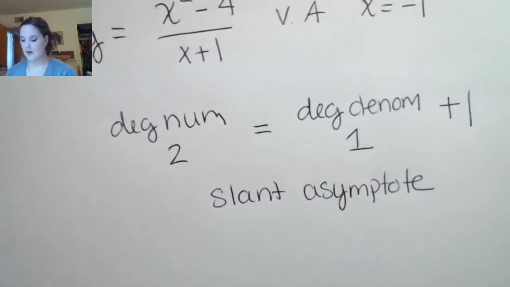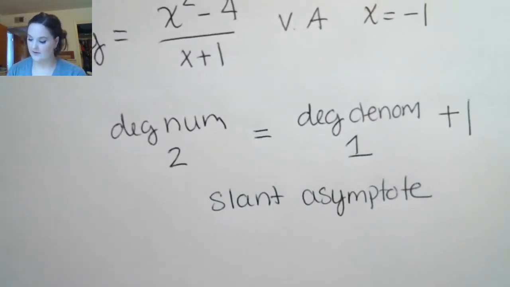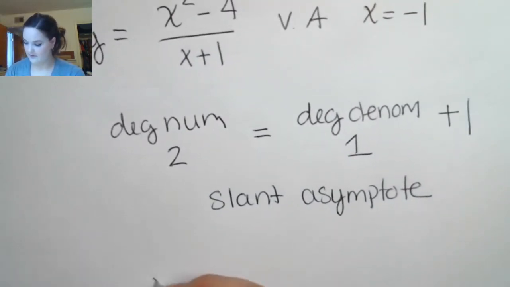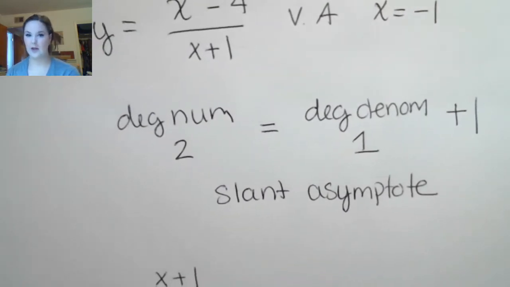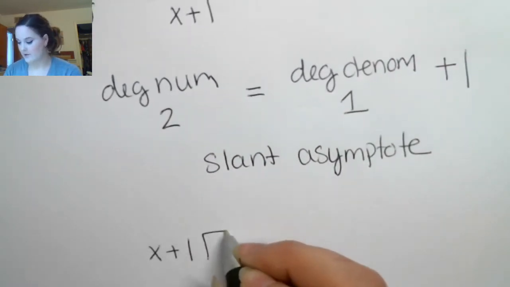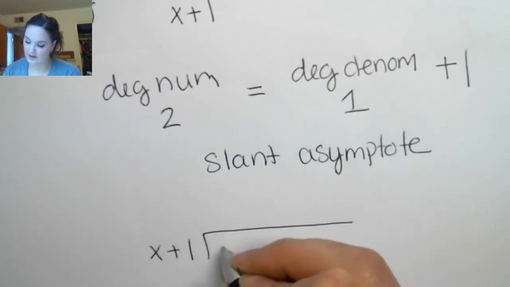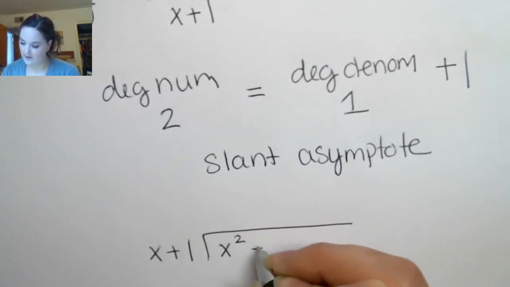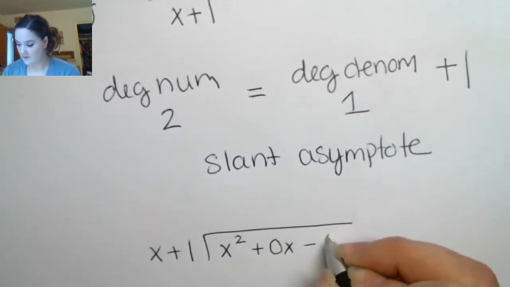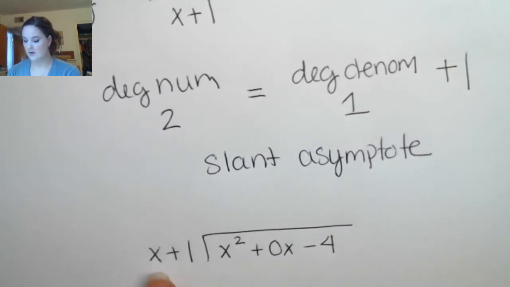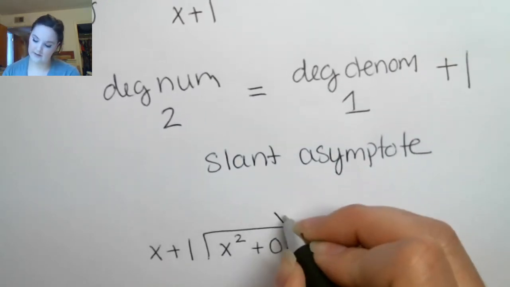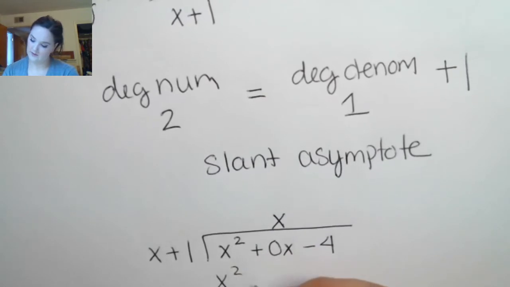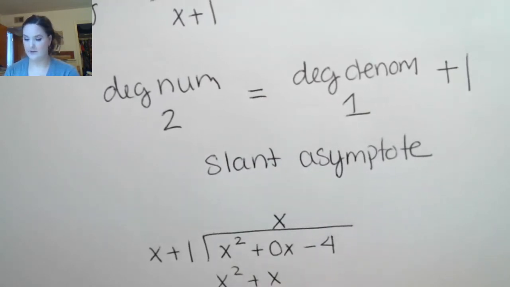All right, so now we're actually going to find this slant asymptote, and we do that using division. So we're going to divide x plus 1 into the numerator. x into x squared is x, multiply and subtract.